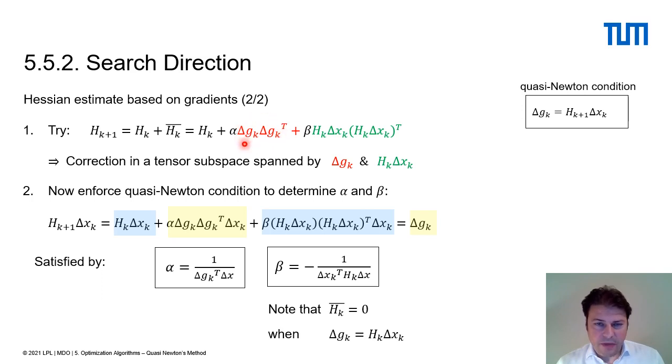The dyadic product is a matrix itself, it's a rank 1 matrix, and a term which is the multiple of the dyadic product of these two vectors, the first vector being hk times delta xk, and the second vector being the same, hk times delta xk. This is again a rank 1 matrix. We will justify this approach by showing that this will satisfy the quasi-Newton condition for a particular choice of beta and alpha.